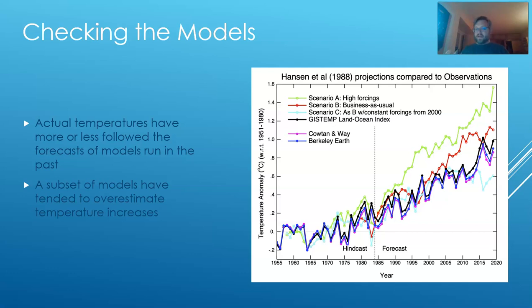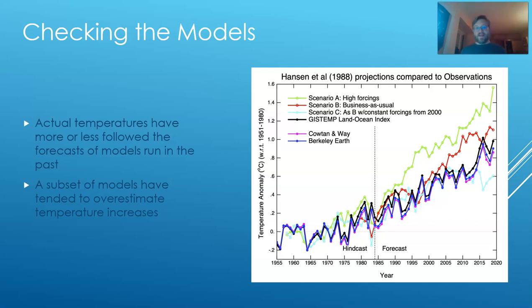What you can see is that some of their projections were pretty close to getting it. Some of the worst case scenario projections, we didn't get there. It didn't end up quite as bad as all that, but we've stayed pretty close to some of their more middle of the road average projections.